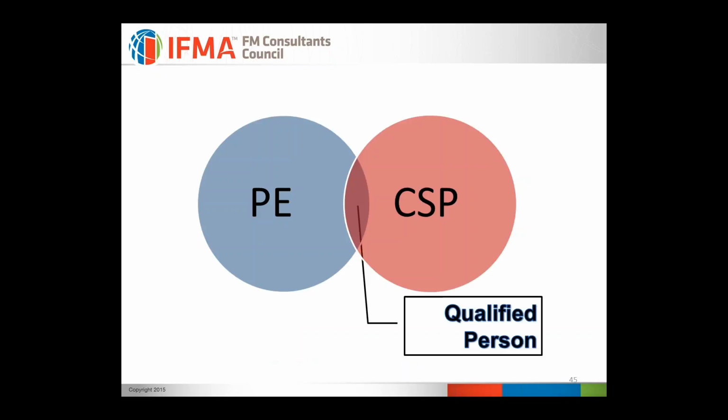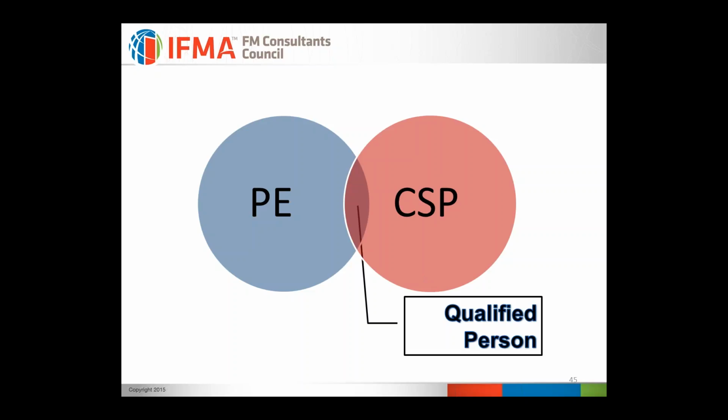And I kind of look at it like this: well, you've got professional engineers, and we do the things that we do. You have safety people, so a certified safety professional, for example, does a whole host of different things. And where those two things overlap, one could argue that that really is the definition of a qualified person.